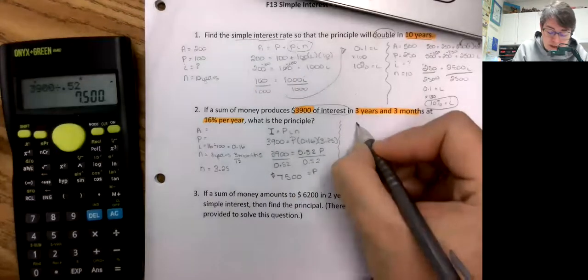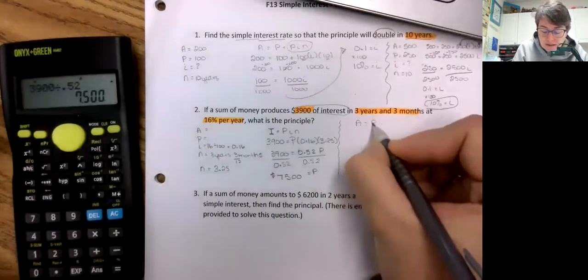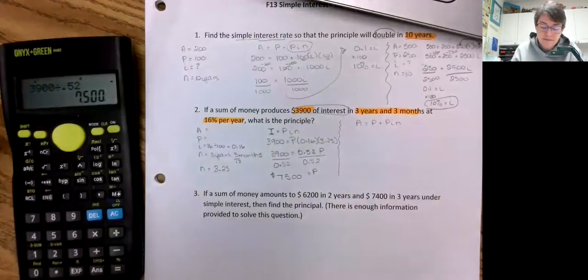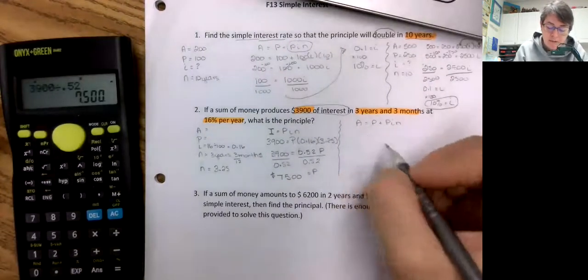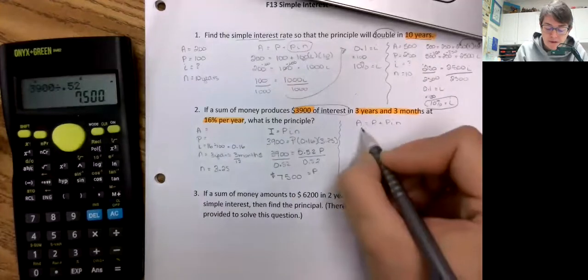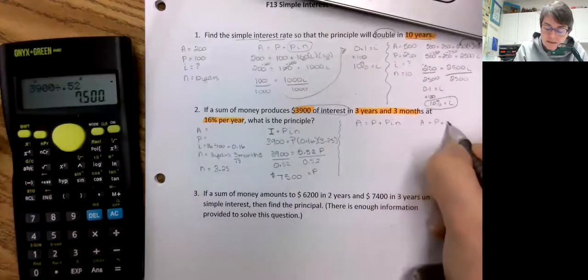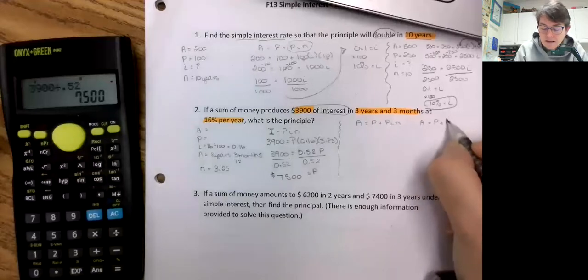If we start with our formula, A is equal to P plus PIN, which we know. But we also know from before the amount at the end, A is equal to P plus the interest you earn.